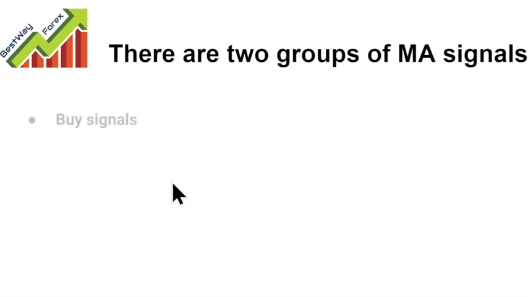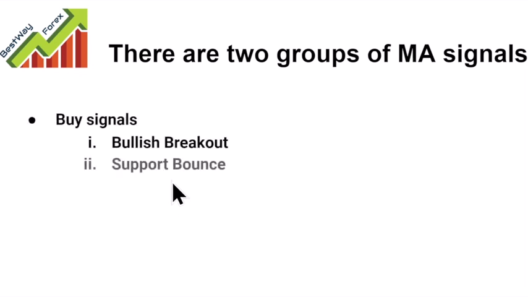Whenever price gets close to an MA, that MA is either a resistance or a support, and based on that, it will give us a signal.